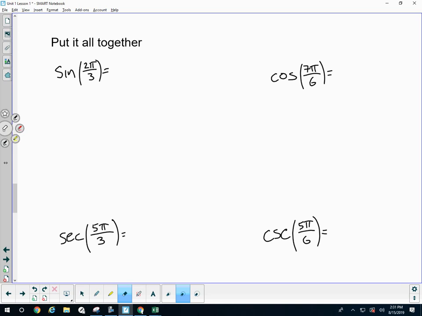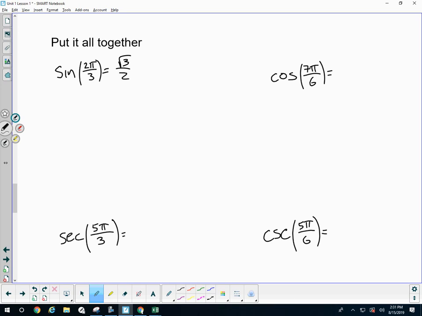So I'm thinking taller triangle, sine deals with opposites or vertical distances, always on the unit circle. So my vertical distance of my tall 30, 60, 90 triangle is the longer distance. It's the root 3 over 2. That is how I know that this is root 3 over 2.